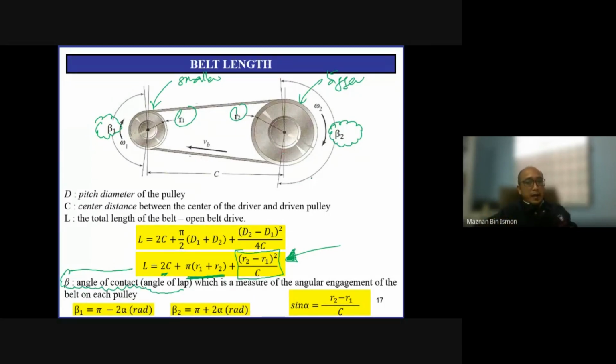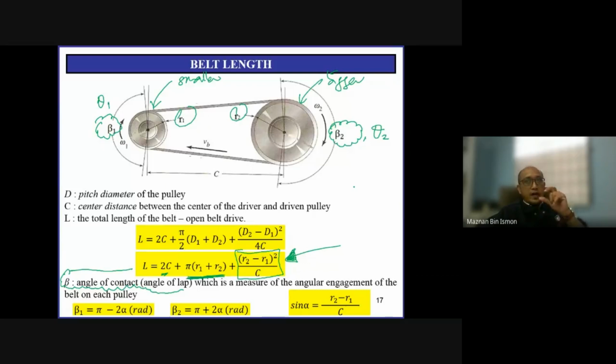Okay? In certain books, this is theta. This is theta 2. This is theta 1. So it doesn't matter as long as you understand what the angle of contact is. Because later we will meet a few more symbols that some books call differently, and in my slides they are different too.